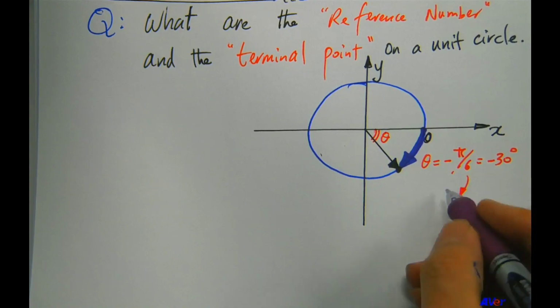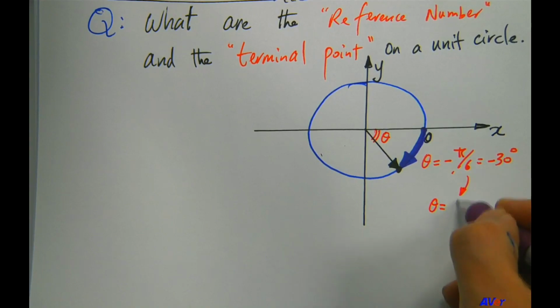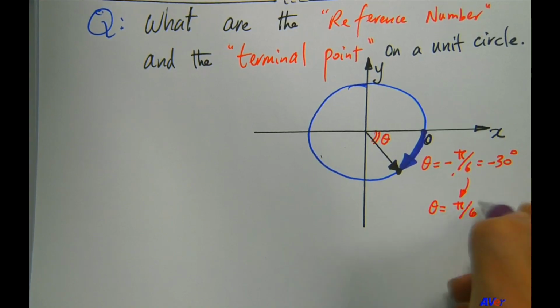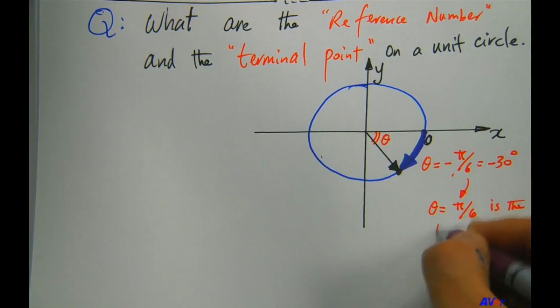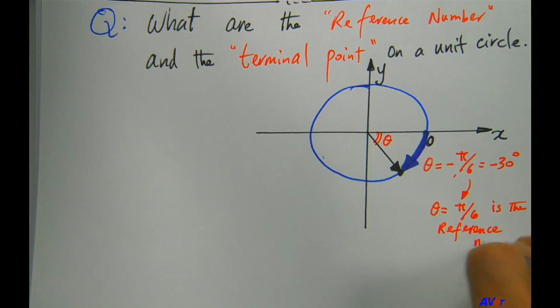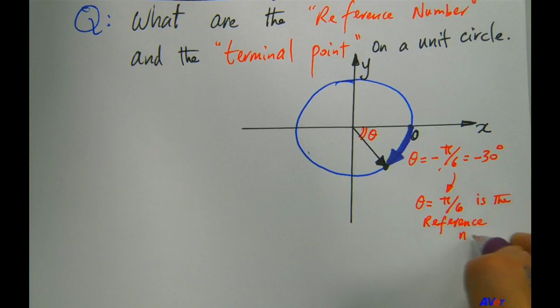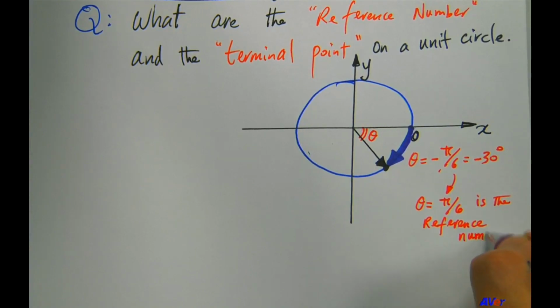The reference number, theta equals pi over 6, is the reference number, or you can think of it as the reference angle.